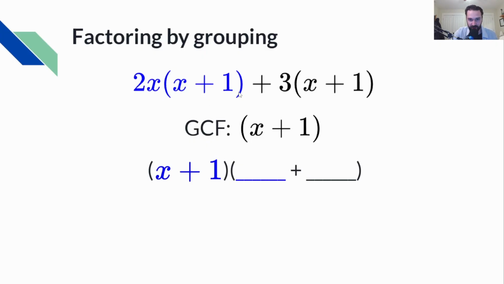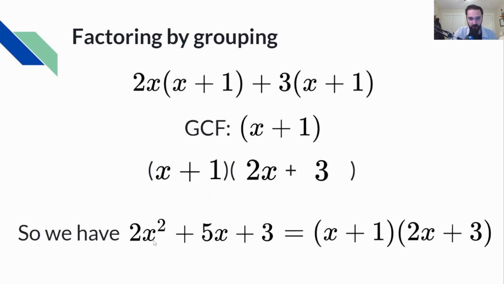The answer is obvious, it's just 2x. And then here we ask, x plus 1 times what equals 3 times x plus 1? The answer is obvious again, it's 3. So this is my factored form, the factored form of the trinomial 2x squared plus 5x plus 3.